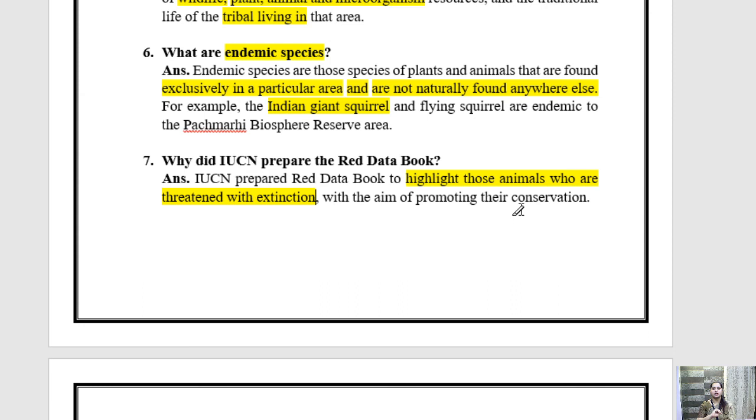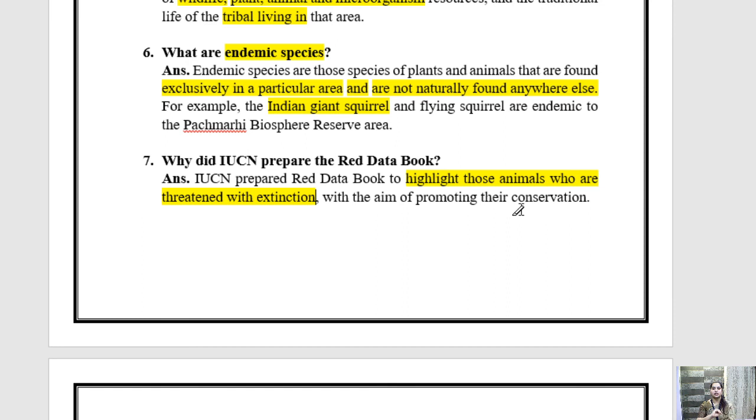Last question of short answer question type 1. 8th, into what categories are the species listed, the red list and the red data book classified?